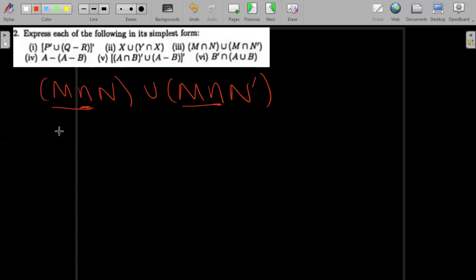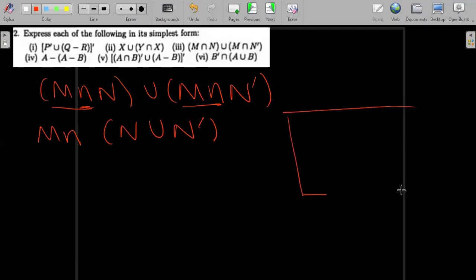So now, because of that, you can factor out your M intersect like this, and then you see that you just remain with N union N complement. This is what you have: M intersect N union N complement. So now, if I have the set N alone, of course I know it's being intersected with M, but let's just focus on N alone.